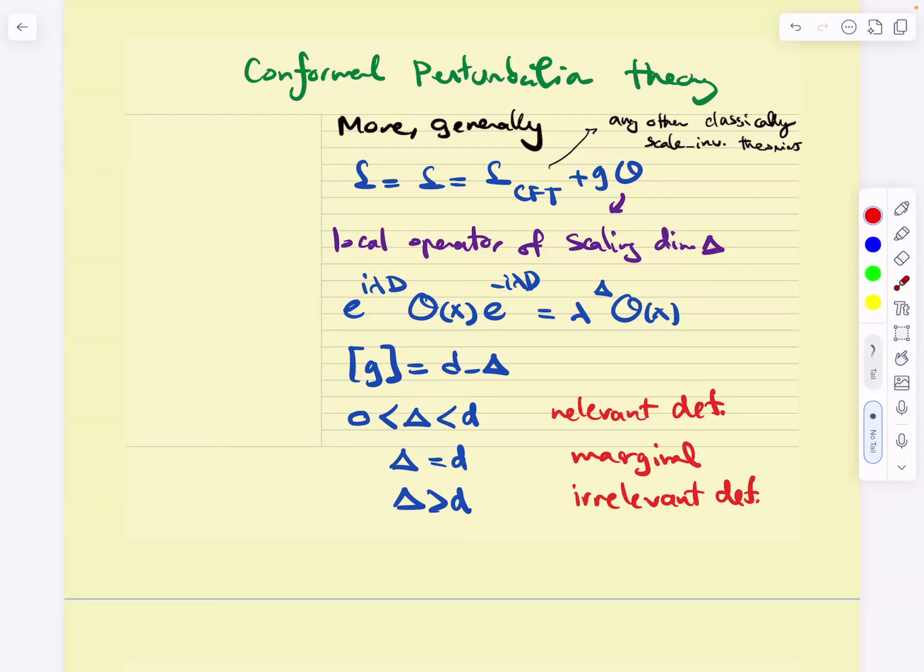Any CFT, as we just described, will have, from Wigner's theorem, a dilatation operator and a dilatation generator action that acts like this. So when we study CFTs, conformal field theories, the goal is to classify all the scaling operators, all the operators that satisfy this equation, and make a list of deltas.